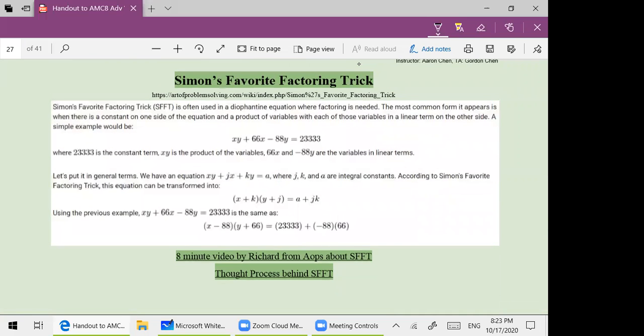Now, this is Simon's favorite factoring trick, and it can be used on equations that look like this, or somewhat in that form.